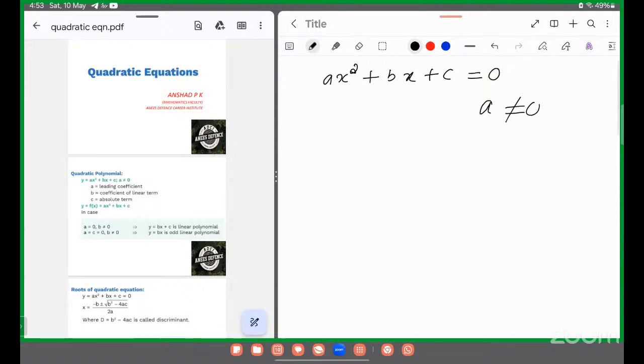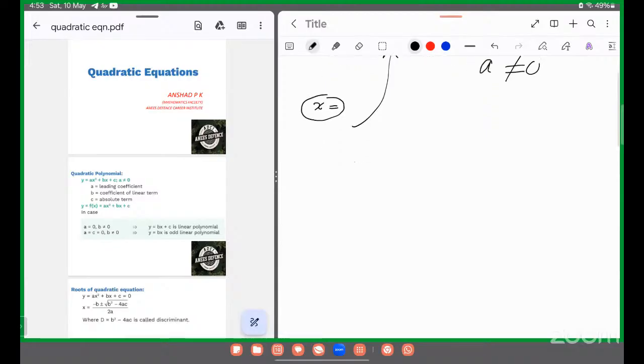When you put x equal to some value, the quadratic equation should become 0. That means the value of x satisfies the quadratic equation. Then such a value is known as a root of the quadratic equation.